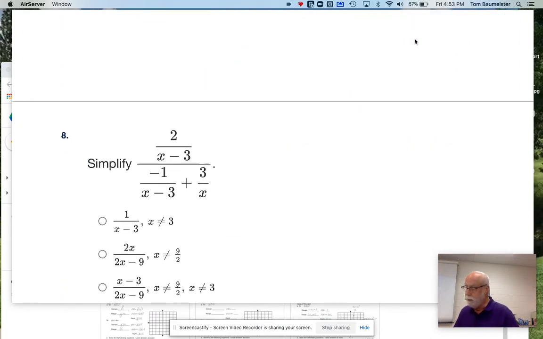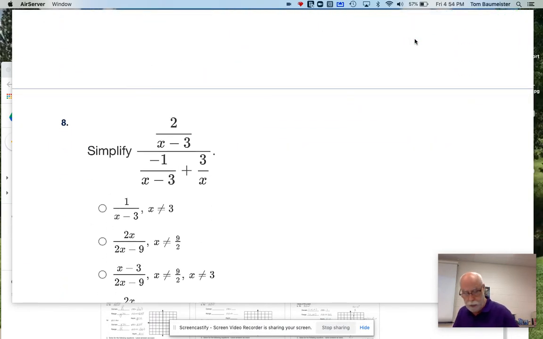All right, let's see. On number 8, it wants us to simplify. So let's see here. What do we have? What is our common denominator? Well, on the top one there, we have an x minus 3. On the bottom one there, we have an x minus 3 and an x.